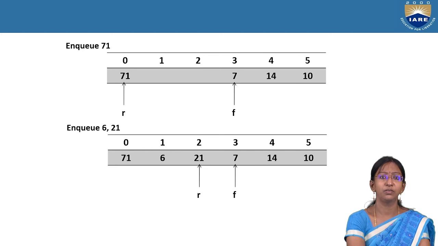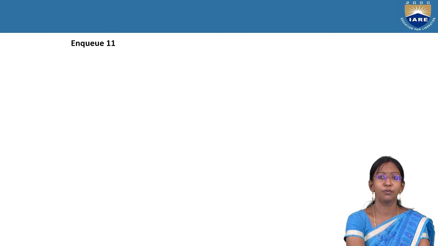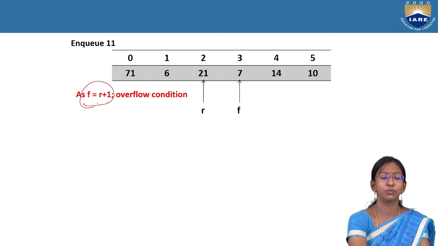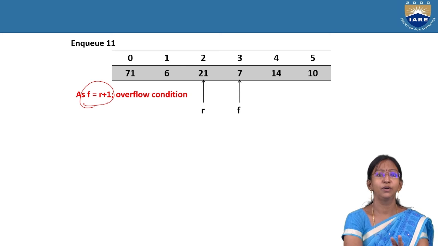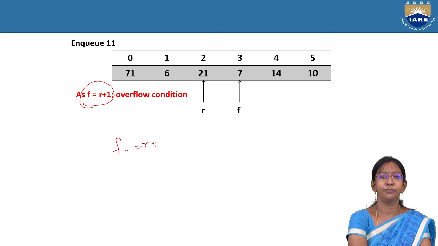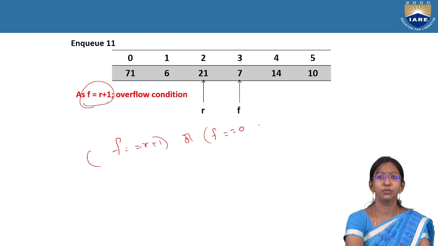What if I try to insert one more element? Overflow. And the condition for that is if f is equal to r plus 1. It is an overflow condition. So cumulatively we have two conditions where we cannot perform NQ. The first one is front is pointing to rear plus 1, or you can have front is equal to 0 and rear is equal to n minus 1.